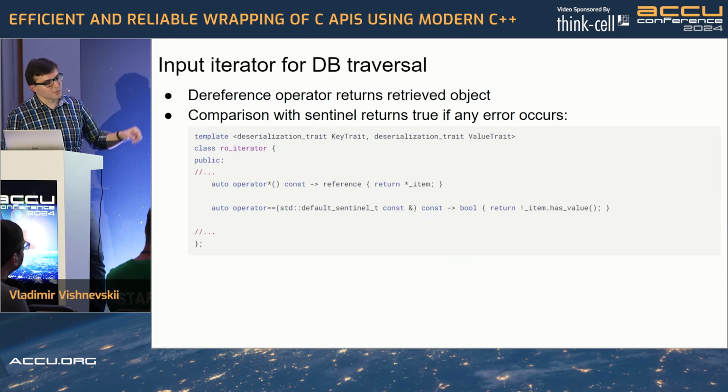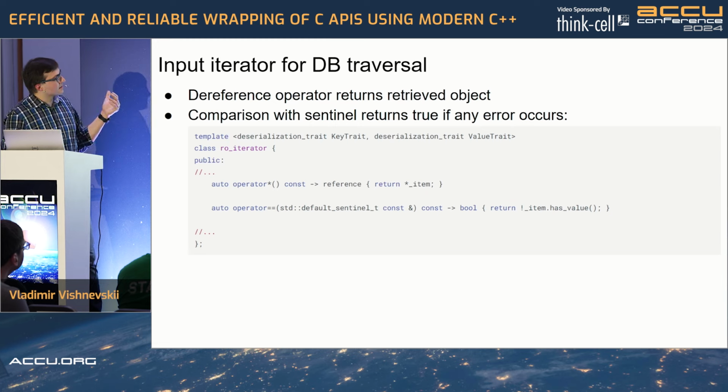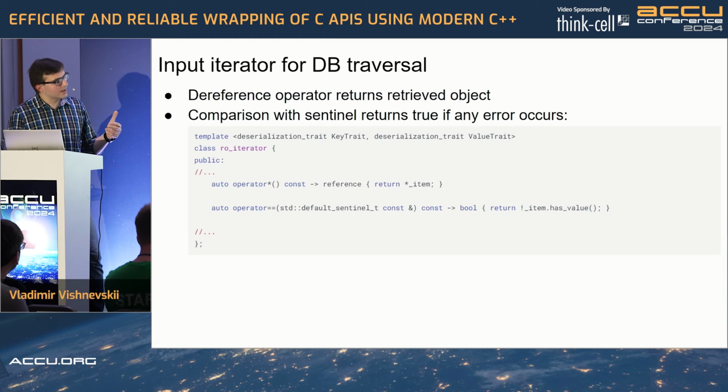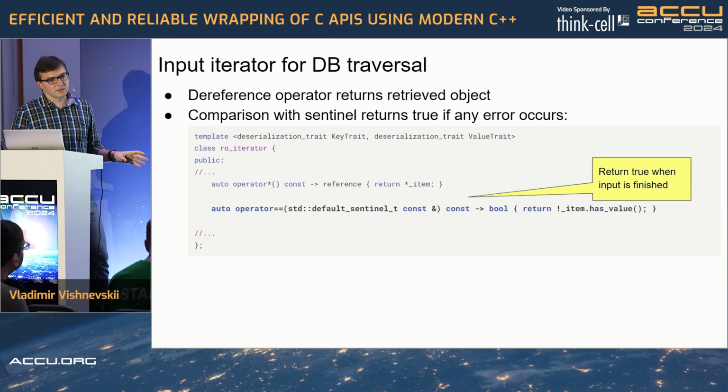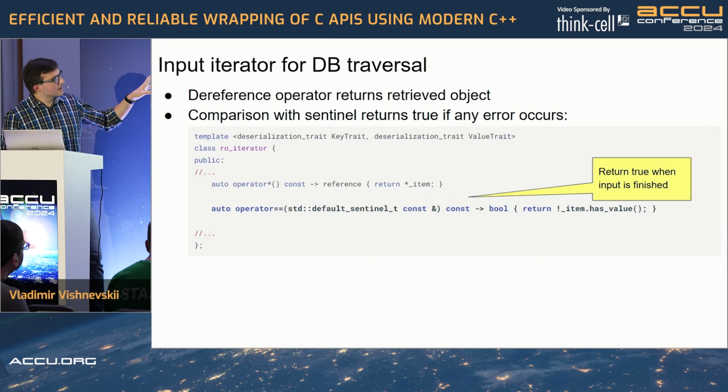What is important is that since C++20, the requirements for the input iterator were relaxed. Now there is no need to support the comparison with another iterator type. It's enough if there is a comparison operator with the default sentinel type.